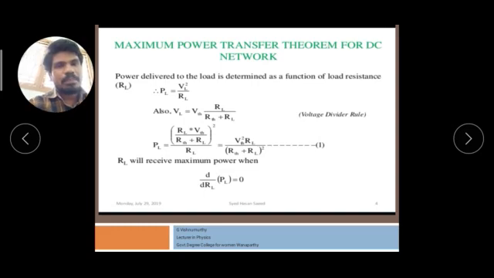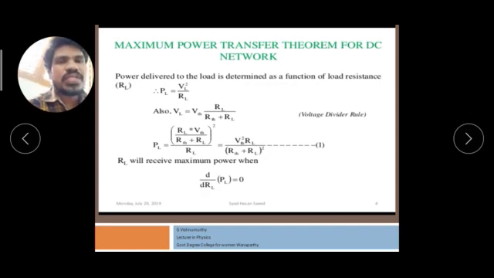Therefore the load power PL is equal to VL square divided by the load resistance RL. Also we know from the Thevenin theorem that VL is equal to VTH into RL by RTH plus RL. So from the Thevenin theorem we calculate the load voltage across the load resistance.